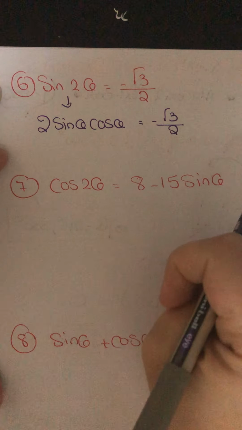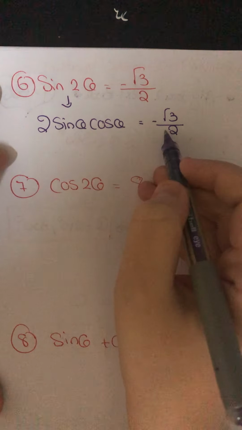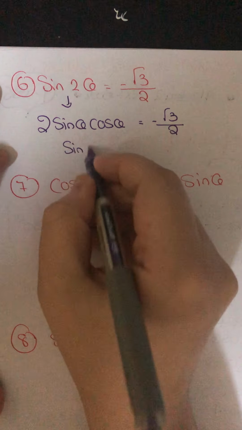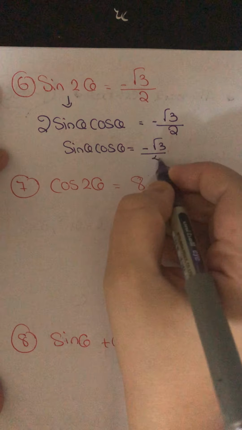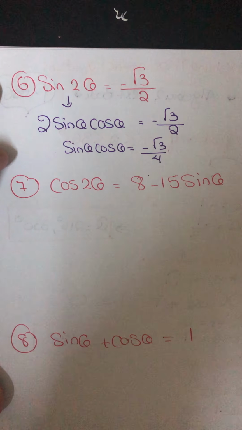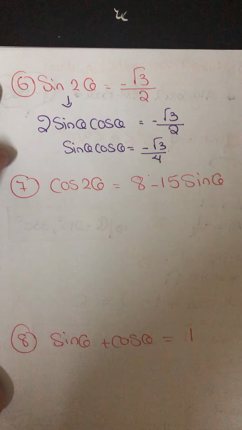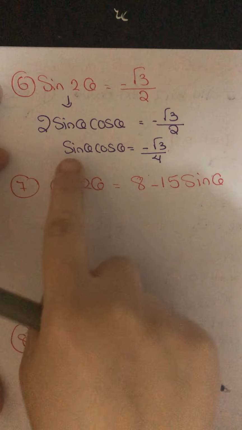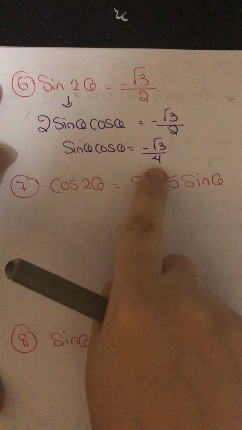Okay, I can send the 2 to the other side as a division. I'll get sine theta cosine theta equals negative root of 3 over 4. Okay, actually I'm stuck here and I have no more work to do. I would just think on the unit circle, when is sine theta multiplied by cosine theta equal to negative root of 3 over 4.